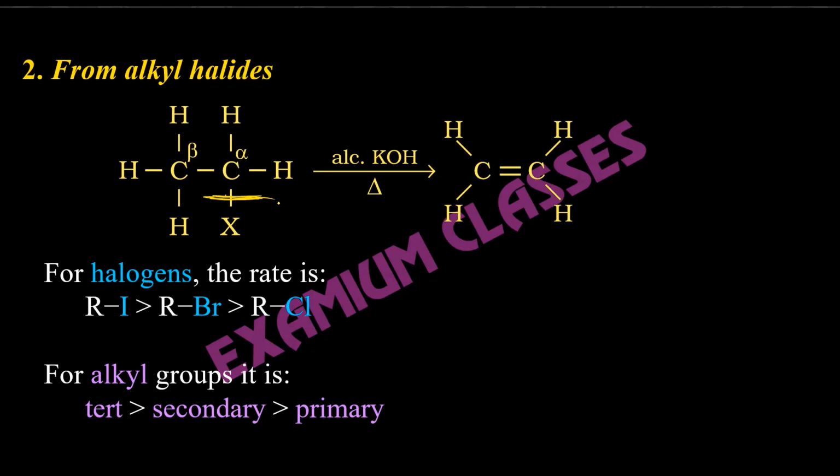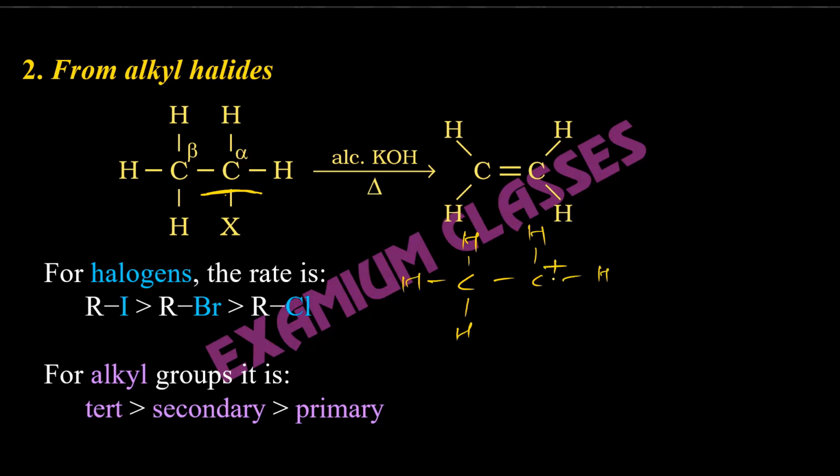When this bond breaks, the halogen takes the electron and we get a cation. From here we will get CH2 with a positive charge.